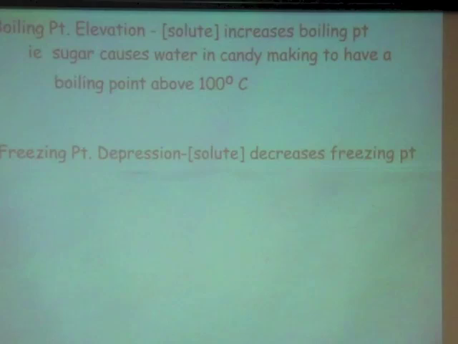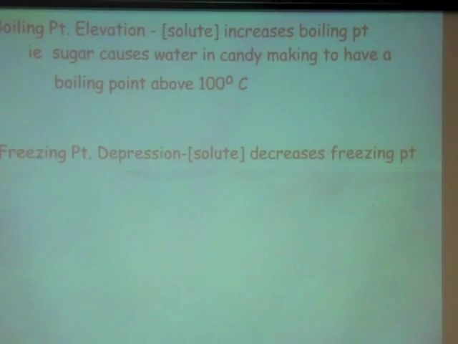Why doesn't it freeze? Because it has got a solute in there which prevents it from freezing at its normal temperature. And really, all the solute is doing is getting in between solvent molecules so that they can't lock up and form a solid matrix.